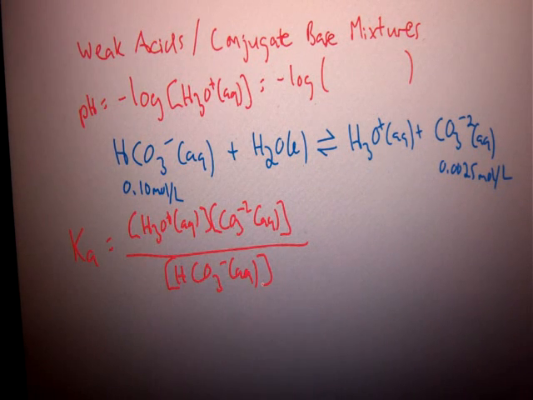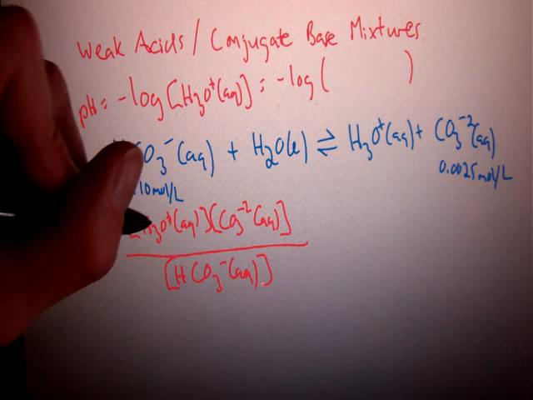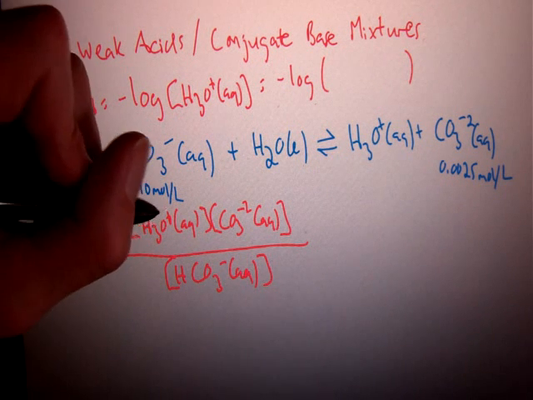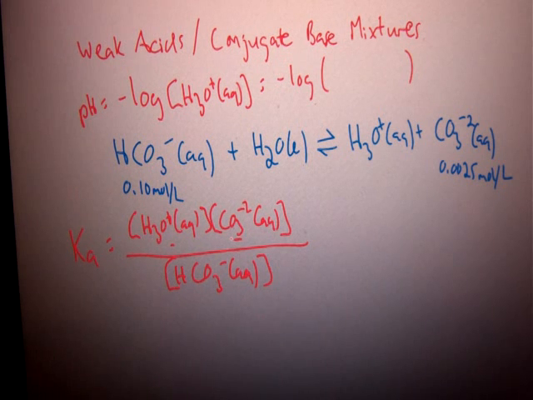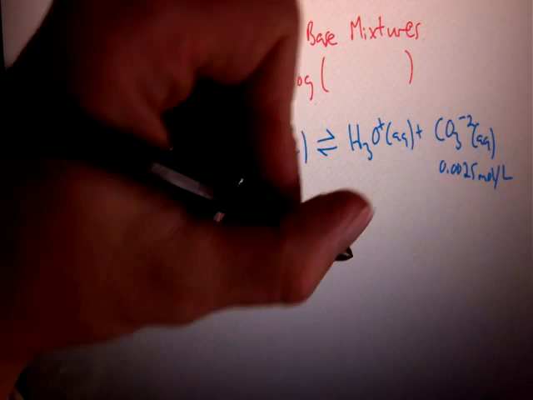With a normal weak acid, I would square my H3O because we usually say that the products are equivalent to each other. Well, the only thing to remember with a buffer is you just don't square them. Just leave them alone and plug in your numbers as they are.